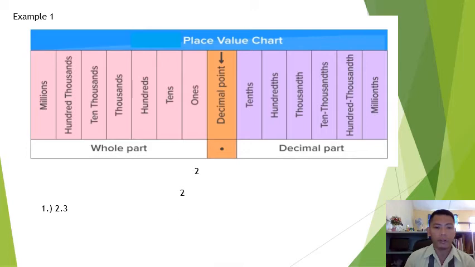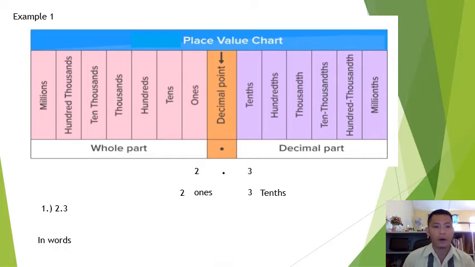Therefore, the place value of 2 is ones. Then, we put the decimal point, and in the decimal part, it is 3. So we put 3 in tenths. So therefore, the place value of 3 is tenths.